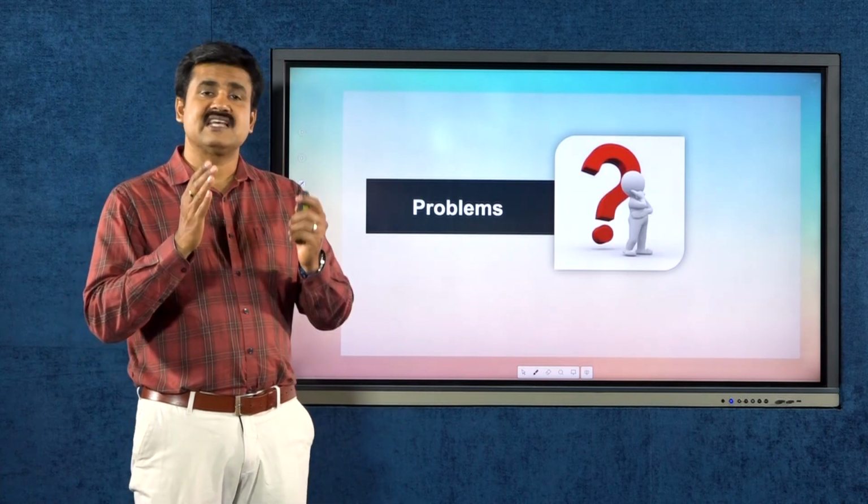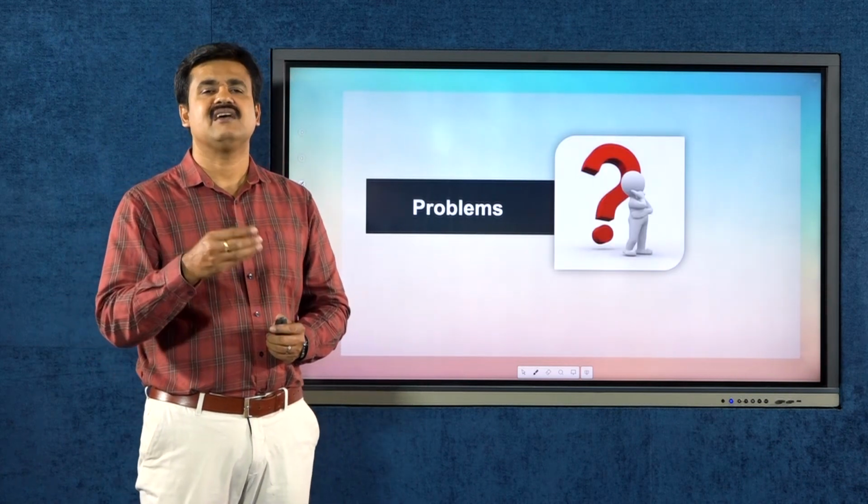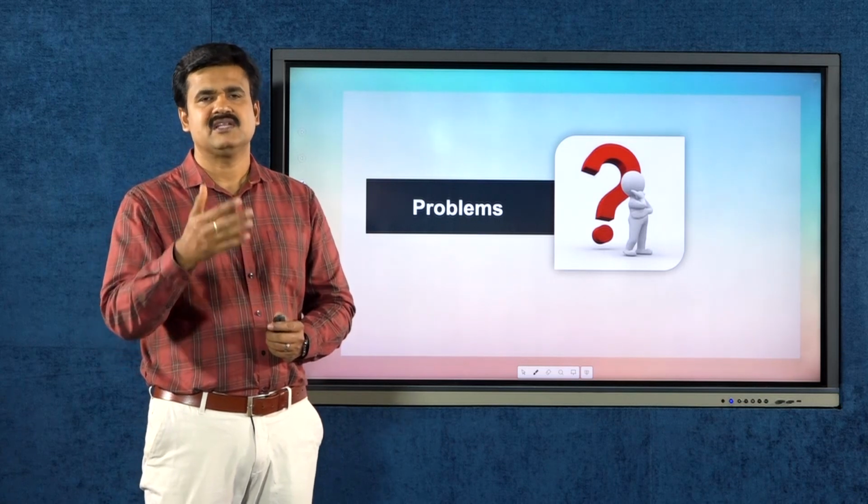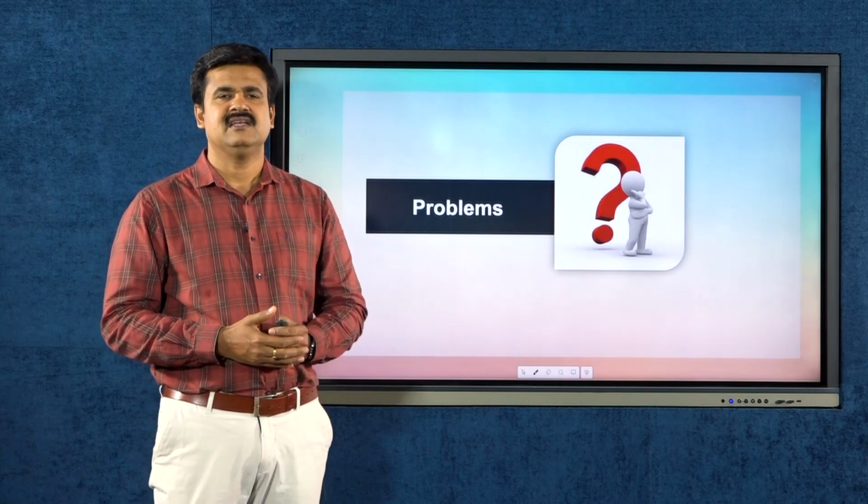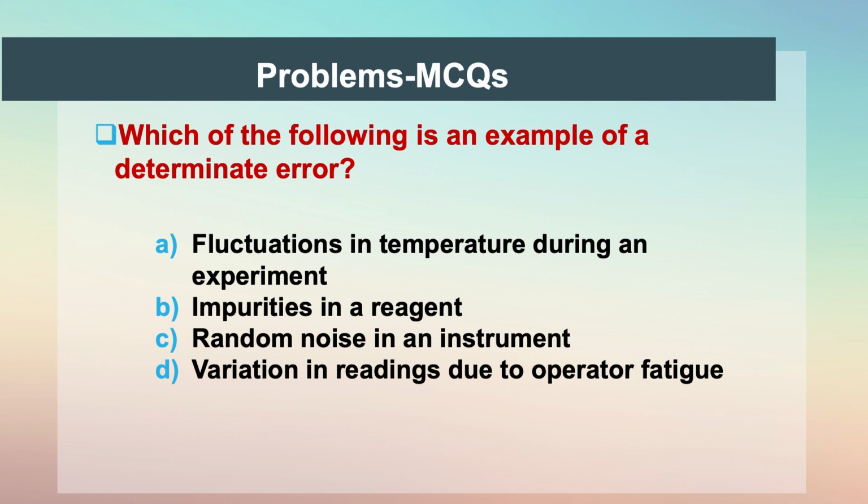Now, as the last part of the discussion, we can have some problems based on the topics we have covered so far. So, moving on to the first problem. Which of the following is an example of a determinate error? These are the options: fluctuations in temperature during an experiment, impurities in a reagent, random noise in an instrument, variation in readings due to operator fatigue.